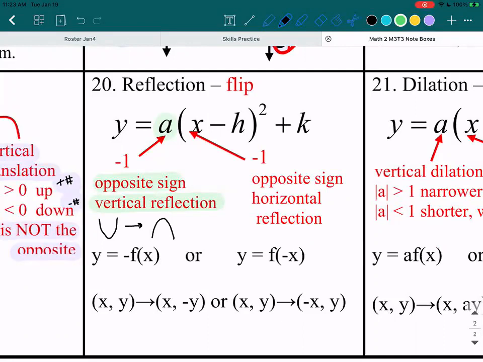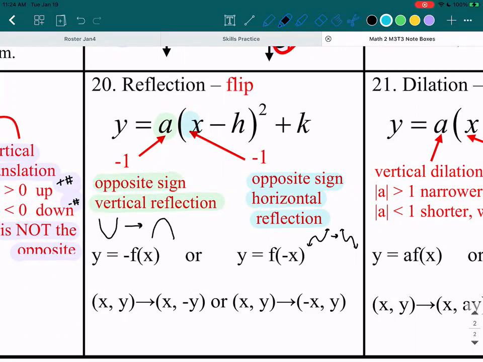Okay, and then if you have a negative in front of the x, so like right here, then you have a horizontal reflection. That's like if you have this graph, and then you flip it around horizontally, it will look like that. Okay, so it just flips it around the other way, like a mirror image.